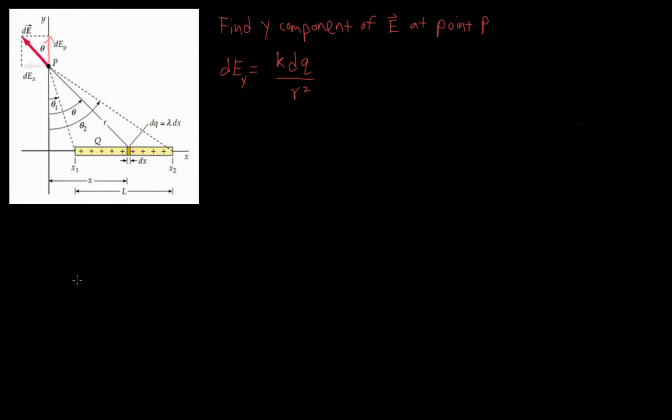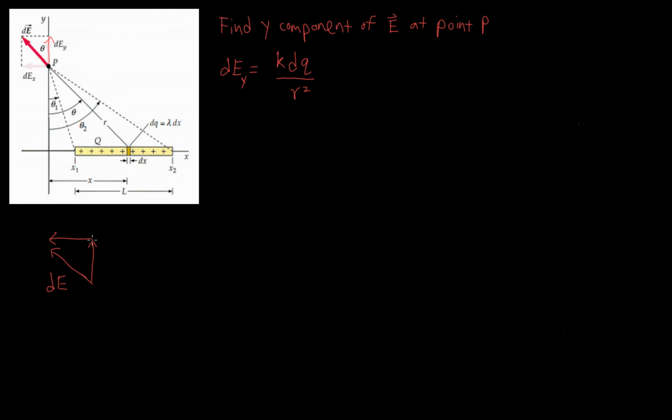So if we were to draw a triangle, we could find which trigonometric function to use to find the y component. And so if I redraw this triangle right here, this vector right here represents a really small amount of electric field at point P caused by this really small segment of the line charge.